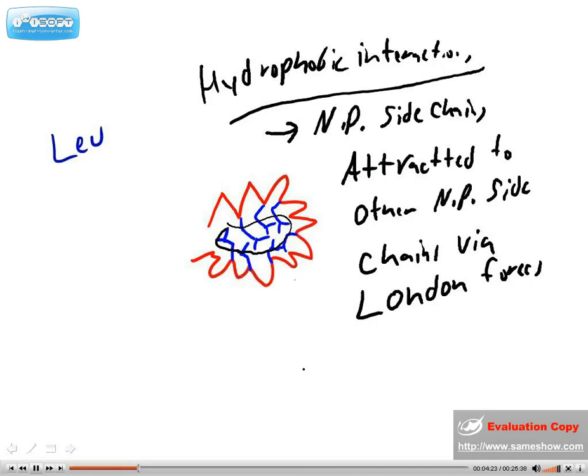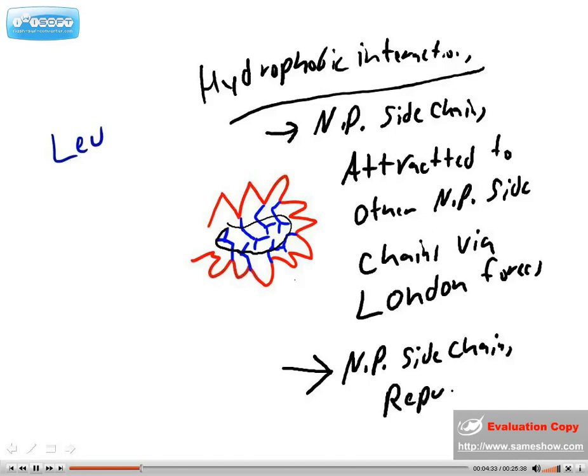On the same token, nonpolar side chains are repulsed away from polar water.